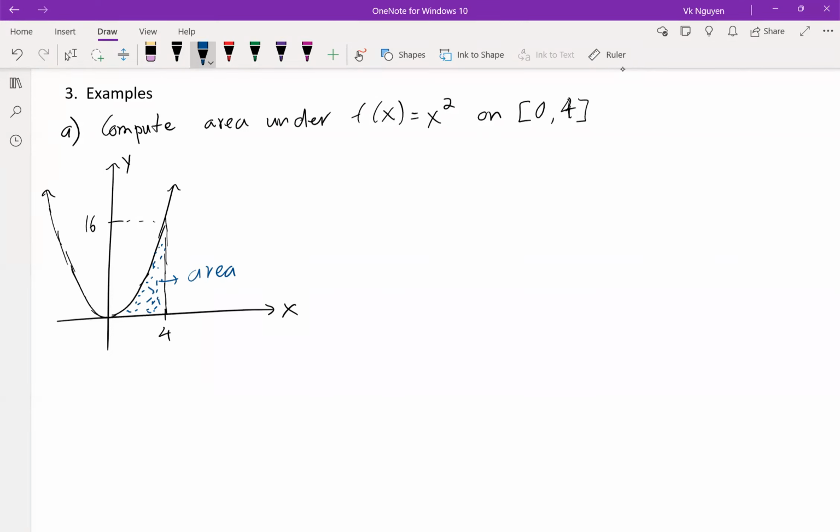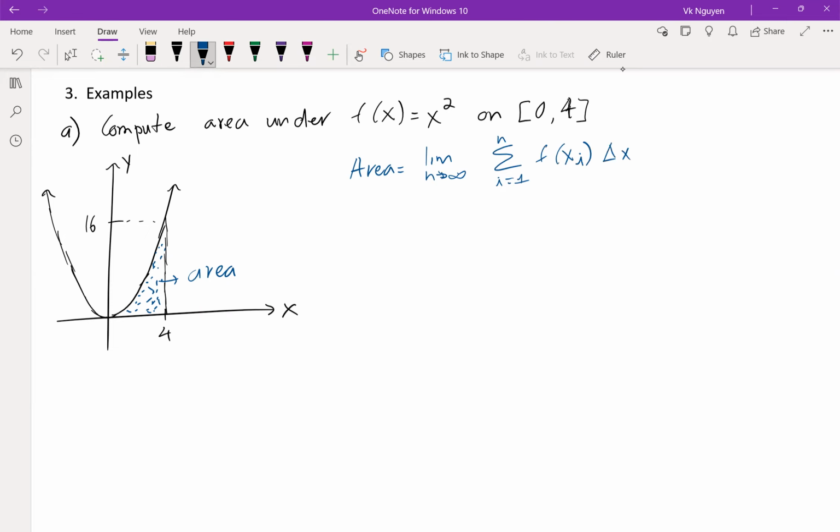Okay. So the area, according to the limit of the Riemann sum, would be the limit as n goes to infinity of the Riemann sum, I equal 1 to n, of f of x sub I times delta x.